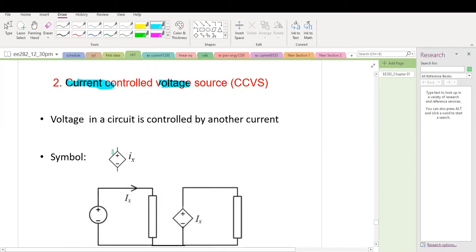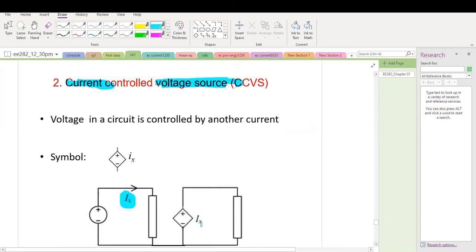Okay, so the symbol is, this is a voltage source first. Therefore, this is a voltage diamond, which means it's a controlled source, and it has a plus sign and a negative sign here, which means it's a voltage source. Again, this is a simplified notation here. There is a circuit here. The current here is Ix, and this voltage source is controlled by this Ix.